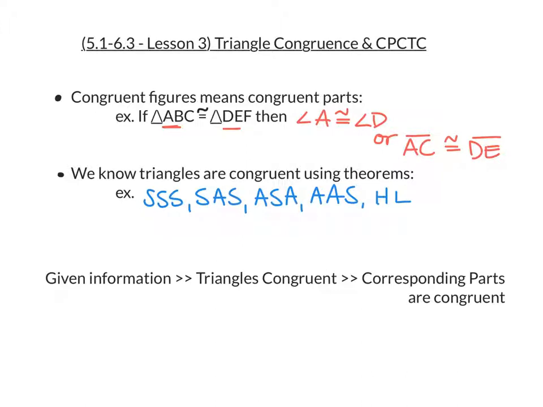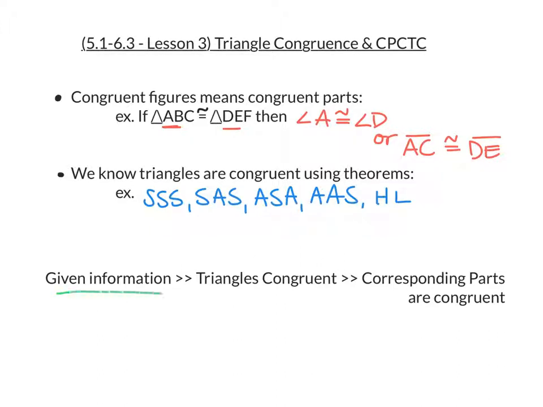We talked about how to prove those. Remember, we would list all the given information, find any additional information, and then treat these like a checklist. We would have to list all of them and check them off before we could make our final prove statement. So what we're going to do today is combine these two things.